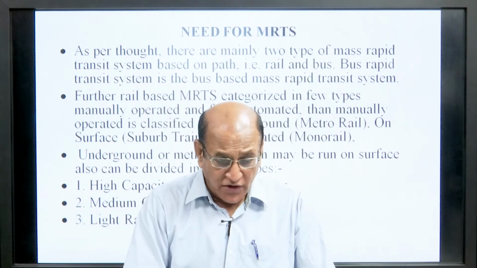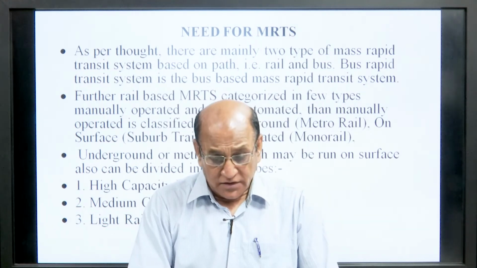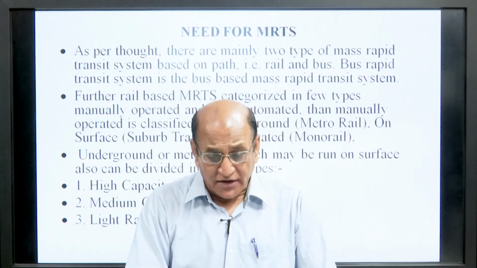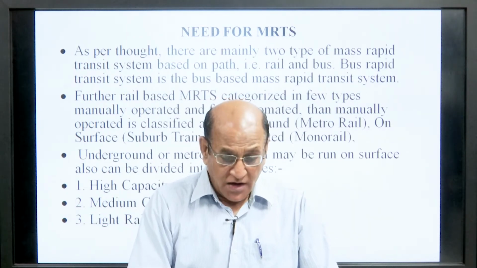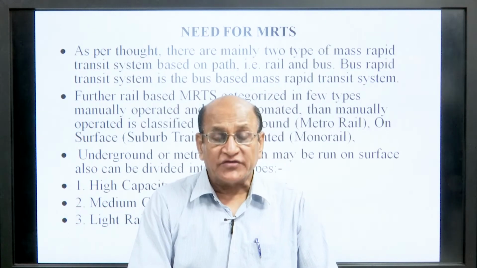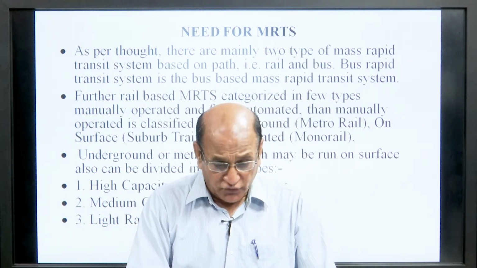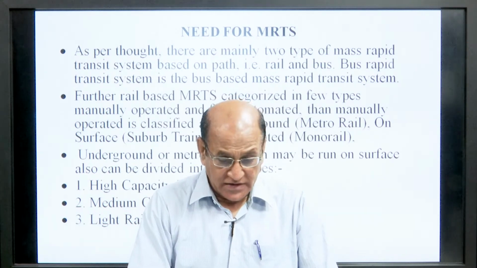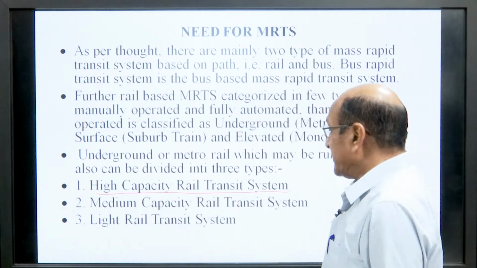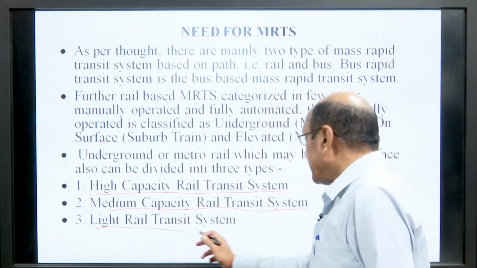Manually operated is classified as underground metro rail, surface suburban train and elevated monorails. Underground metro rails, which may also run on the surface, can be divided into three types: high capacity rail transit system, medium capacity rail transit system and light rail transit system.